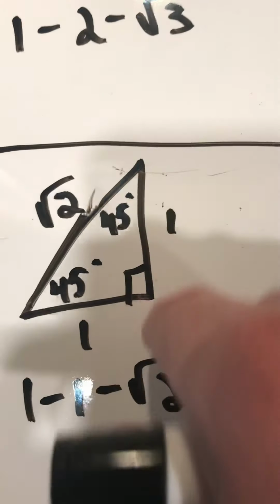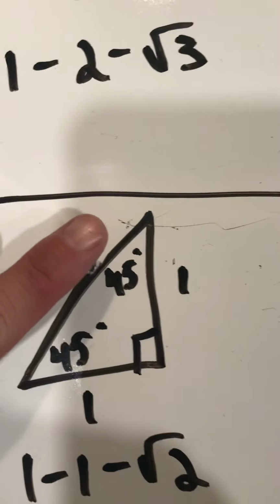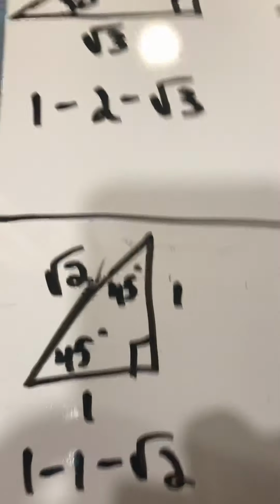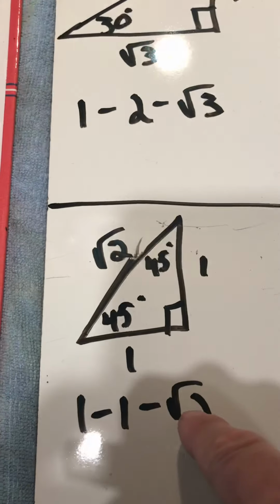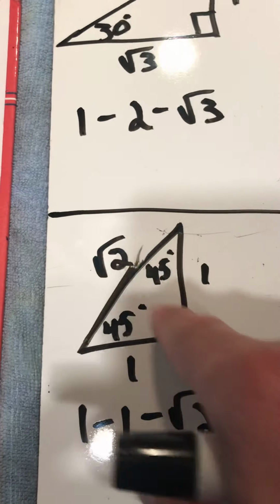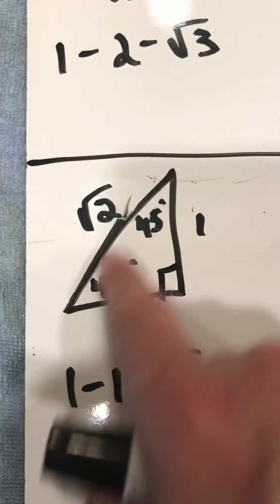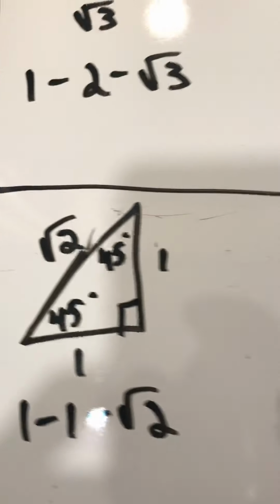And if you say you didn't know that, if you did the Pythagorean theorem for the third side, you'd get the square root of 2. So that's what we do. It's 1, 1, radical 2. Radical 2 is more than 1, so it's opposite of the 90, the biggest angle. And since 45 and 45 are equal, then the sides opposite of them must be equal.